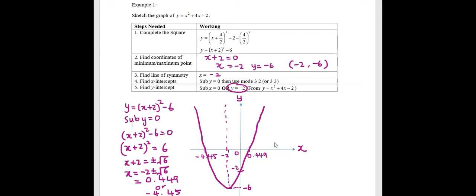And then you also want to mark out your equation of the graph, which is y equals x squared plus 4x minus 2. So now you're happy with this graph and you can stop here.